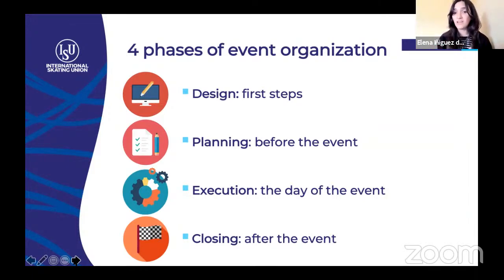Once the day of the event arrives, that's the execution phase. And we're going to talk about what's the role of the host during the execution of the events specifically. And after the event, we also have the closing phase, which covers all the post-event tasks that organizers need to take care of, okay?